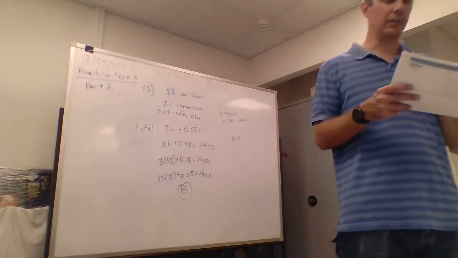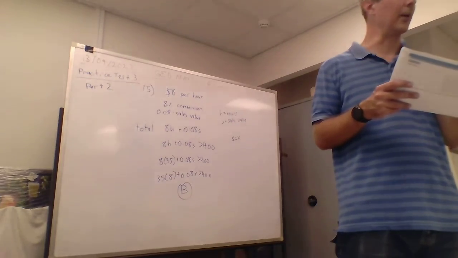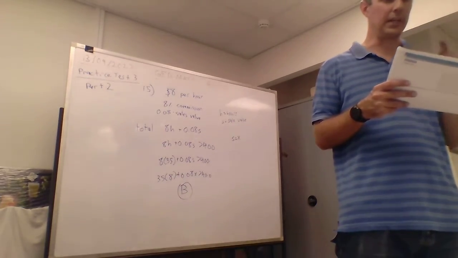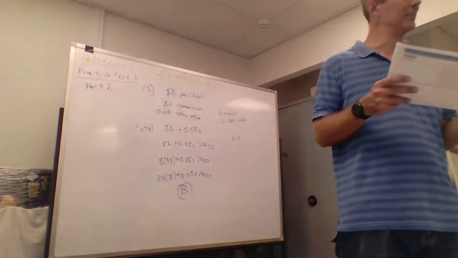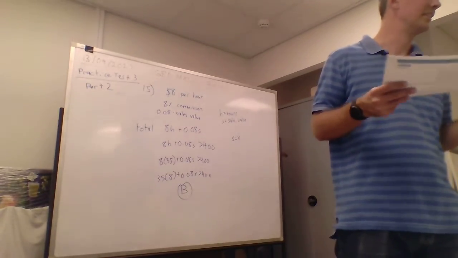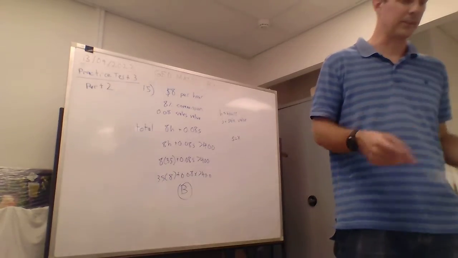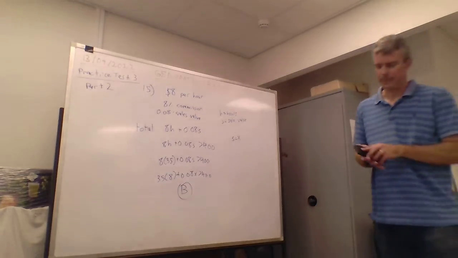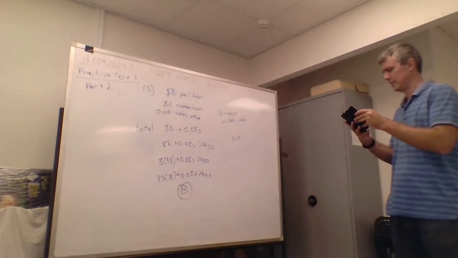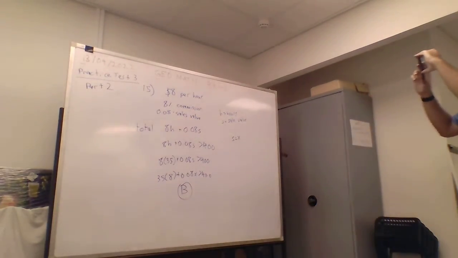You could be confused with the 35, but it's not 0.08 hours. So you know it's A or B. And then you can say, well, look, it has to be more than 400. So you can see it's B. Just by looking at it, you can almost figure it out. Okay. Questions on that? No, it's good. Good.